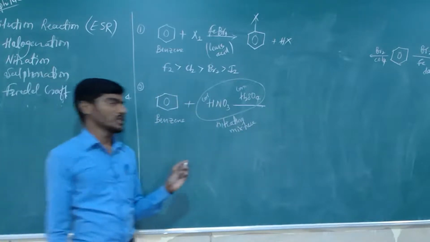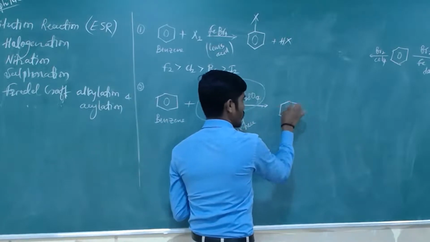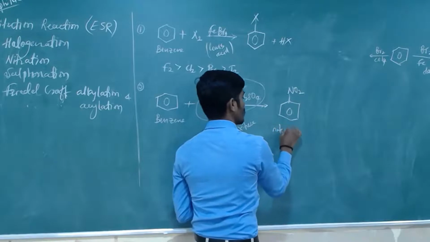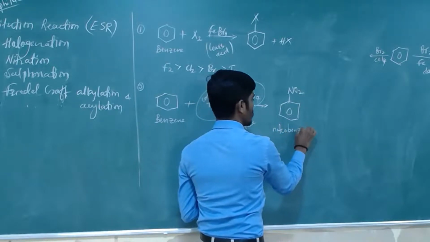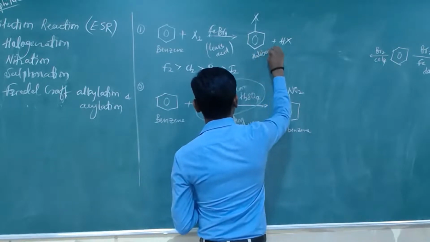This gives the product nitrobenzene, where one of the hydrogens from benzene is replaced by an NO2 group.